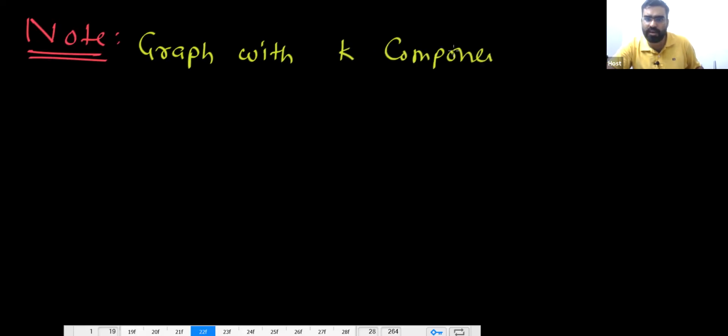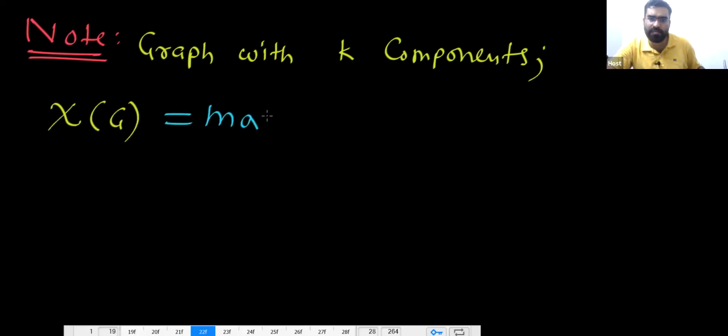If you have a graph with k components, then what can you say about the chromatic number of this graph? That will be equal to the maximum among the chromatic numbers of each component. Yes or no? You take the maximum of the chromatic number of each component.